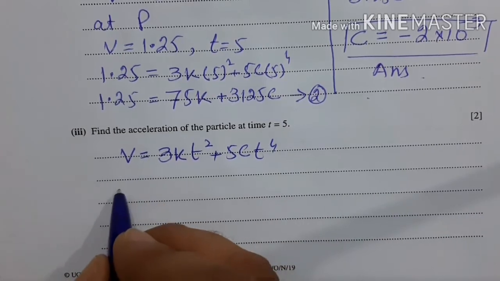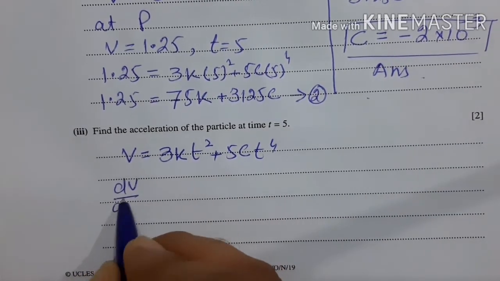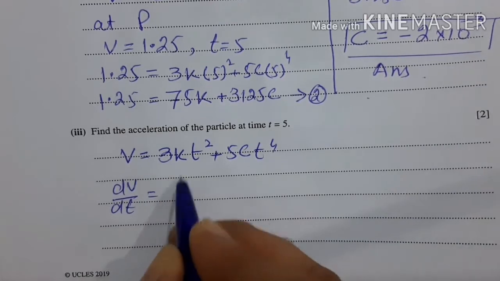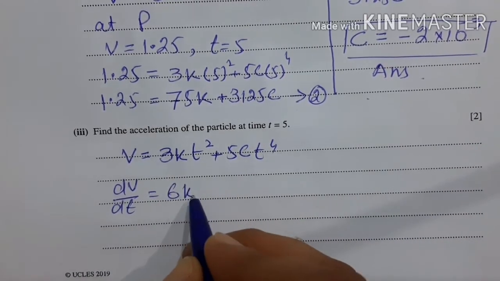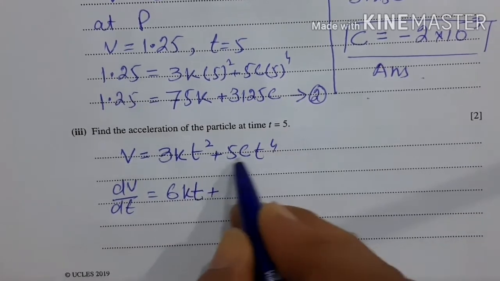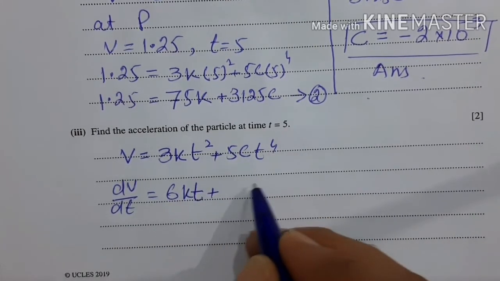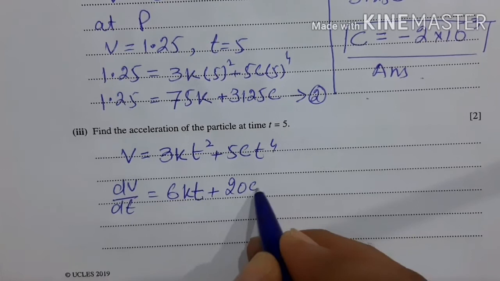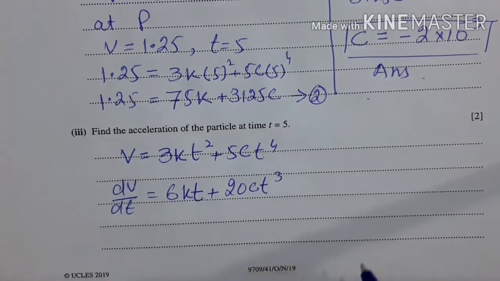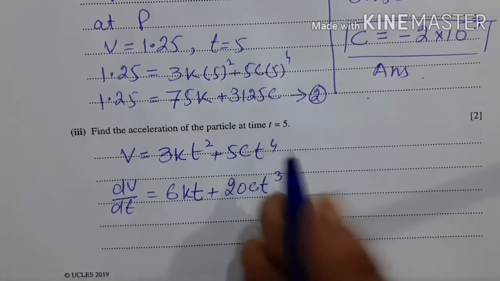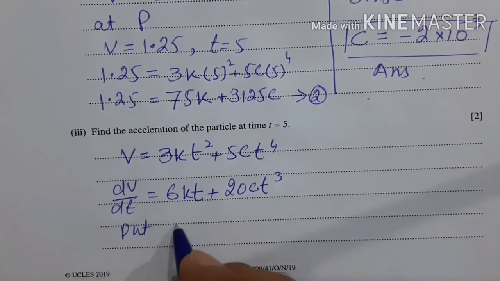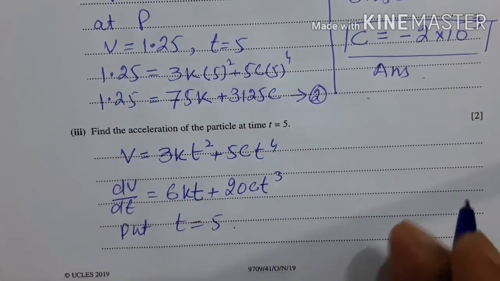So dv by dt is equal to, 3k is constant, so it will be 6kt, plus 5c is also constant, so it will be 20ct cubed. Now I got t equal to 5 here, so put t is equal to 5.